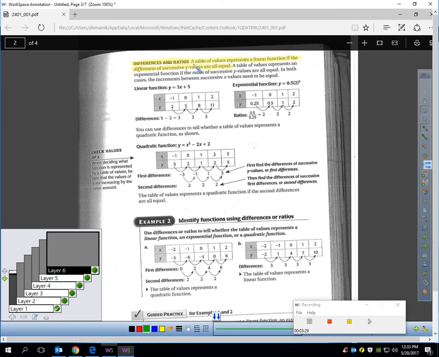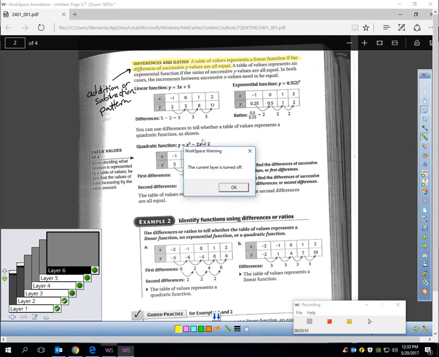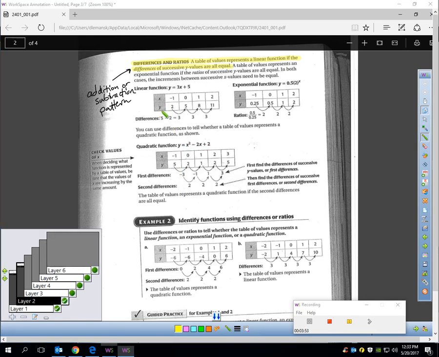Differences and ratios. A table of values represents a linear function if the differences of successive y values are all equal. Another way of saying that is if you look at the y values, let me highlight them, and you see a constant addition or subtraction pattern, that means it's linear.